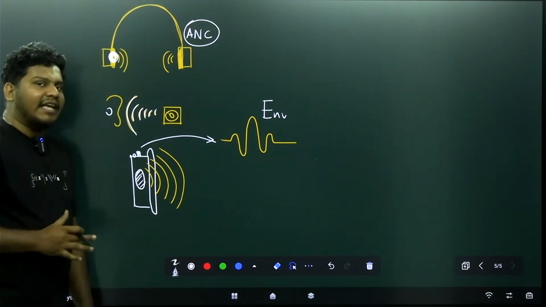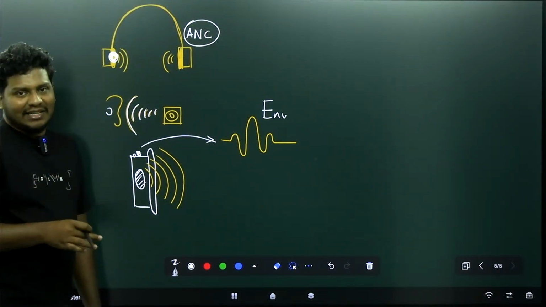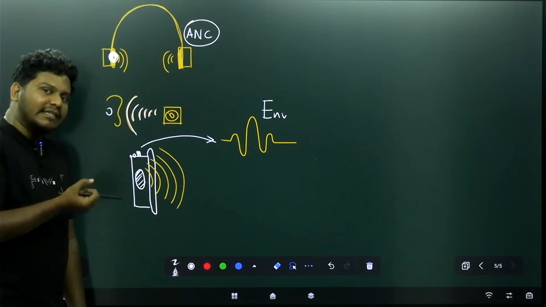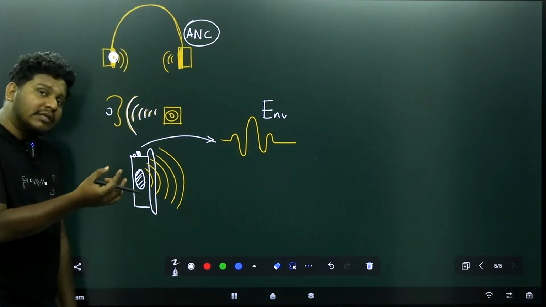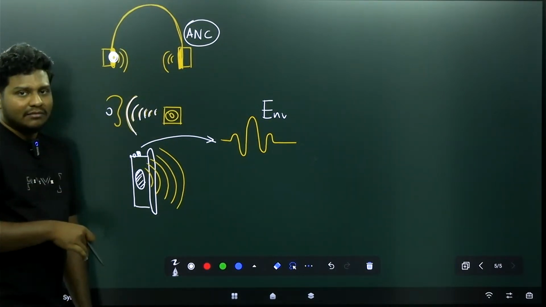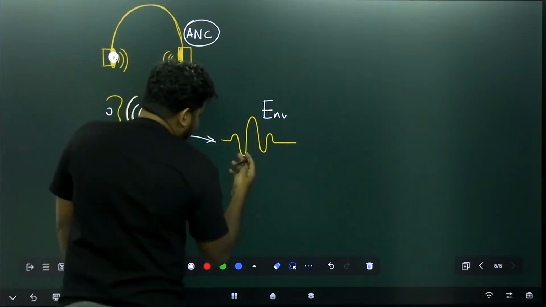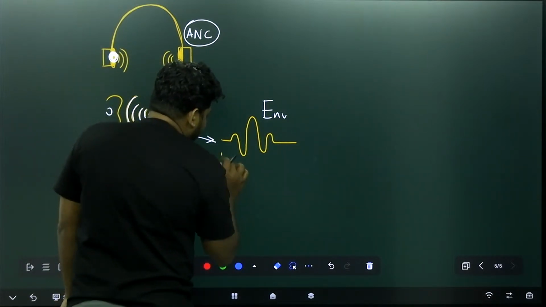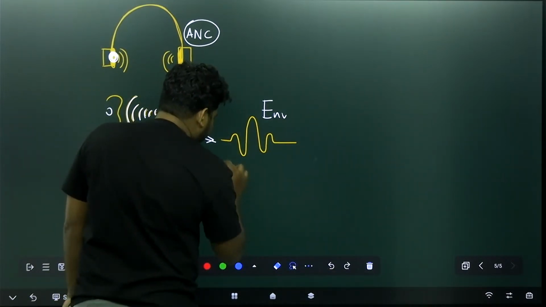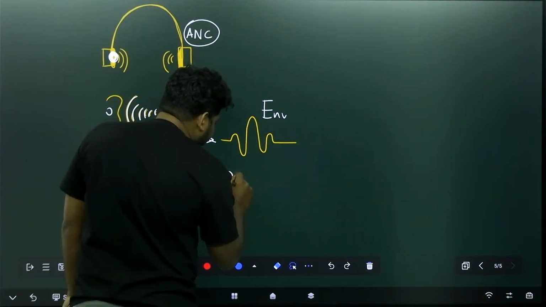What will happen here is, the mic will listen and it will produce the opposite of this sound. So that means what? That will look like this. The opposite of the sound will look like this.